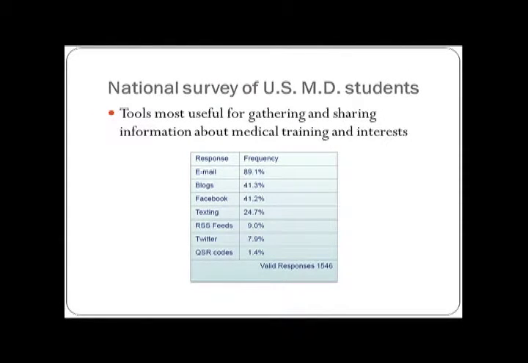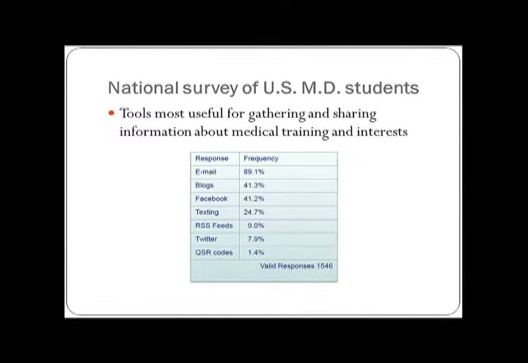And when asked what's the most useful thing for them in gathering and sharing information regarding medical training interests, the majority still prefer the email system. I know some of us, especially the institution, are experimenting on putting things on a blog or having Facebook interface with potential candidates as well as medical students.